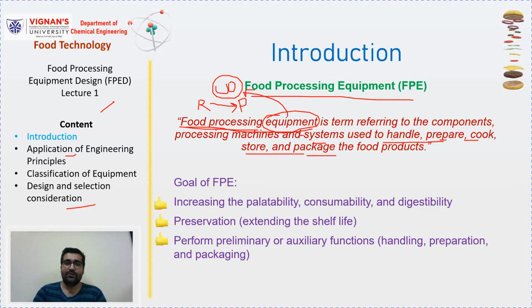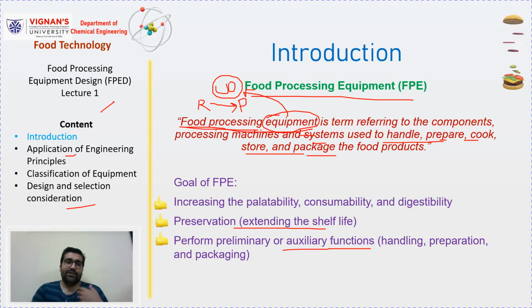The first goal is that it should perform a certain unit operation or certain function. It can be a primary function or an auxiliary function, and it should also extend the shelf life of the product. For example, we need a sterilizer to sterilize milk.